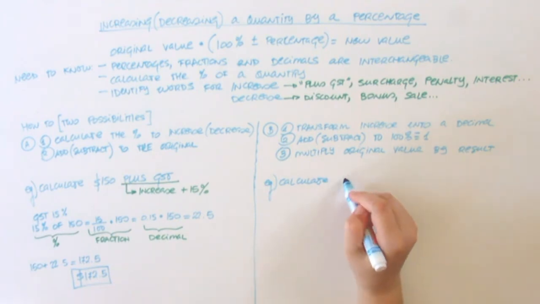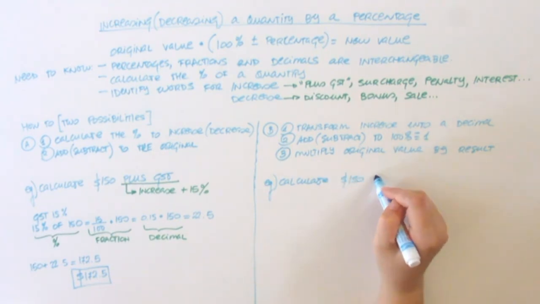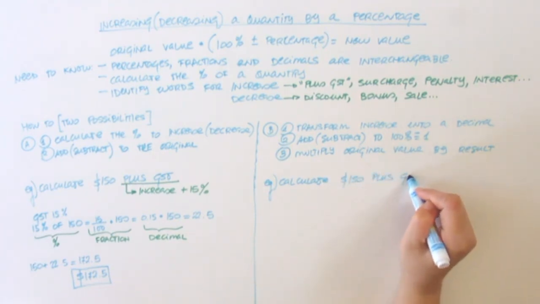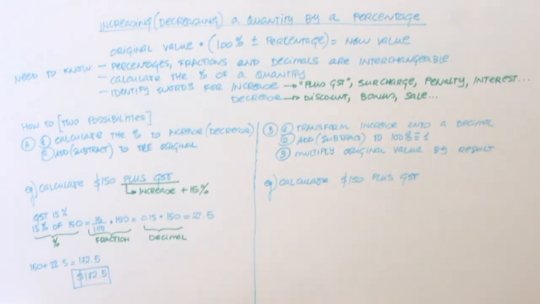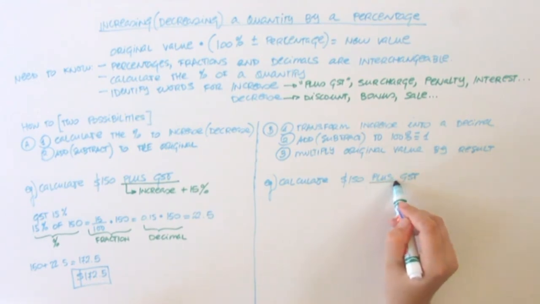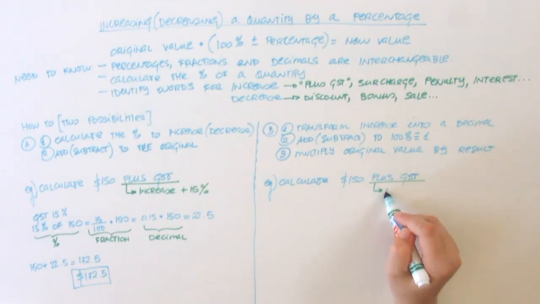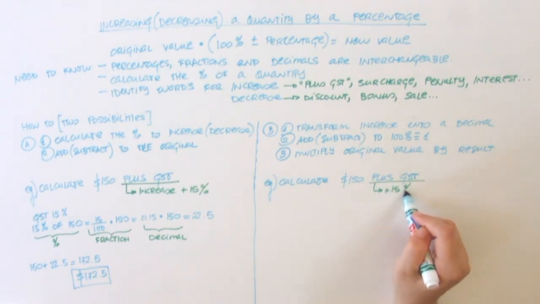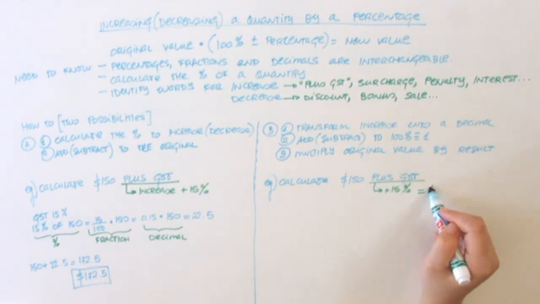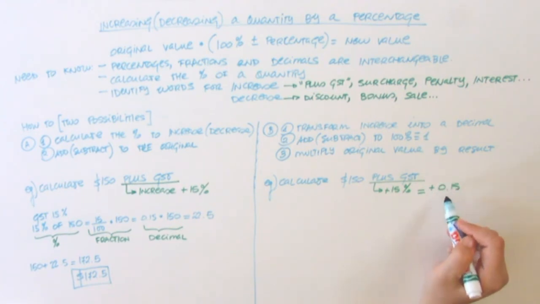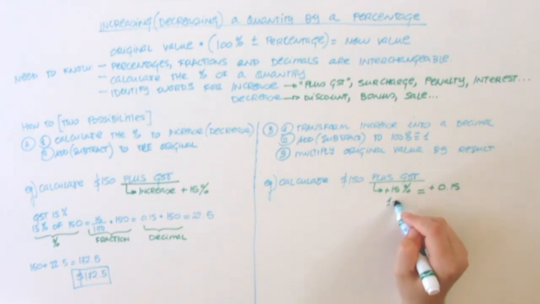Let's do the same example, but using the other method. They ask me the same, calculate $150 plus GST. So the first thing I do is think that that plus GST equals plus 15%. That in decimals is plus 0.15.